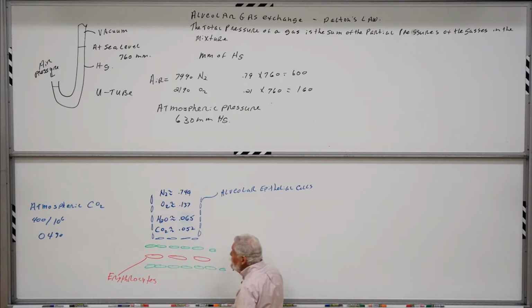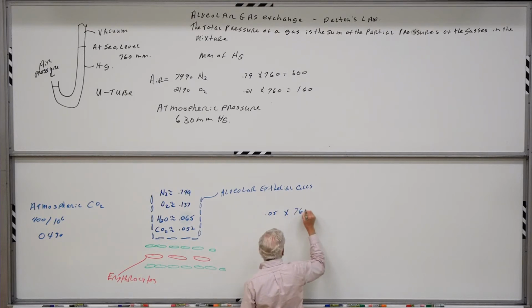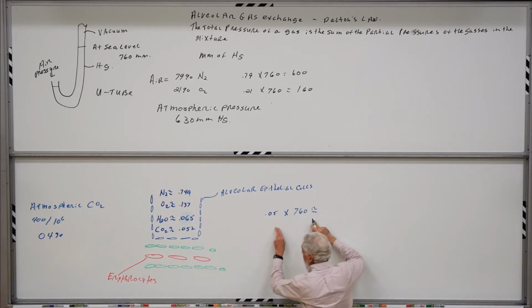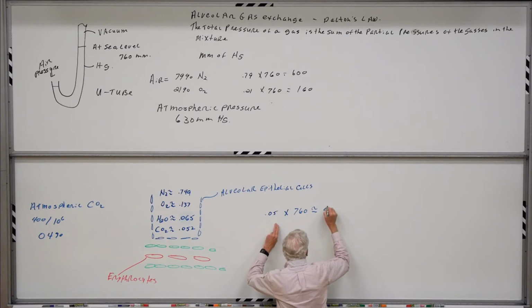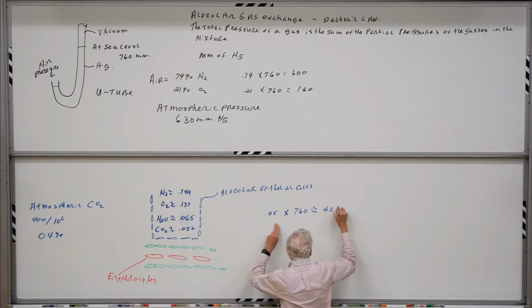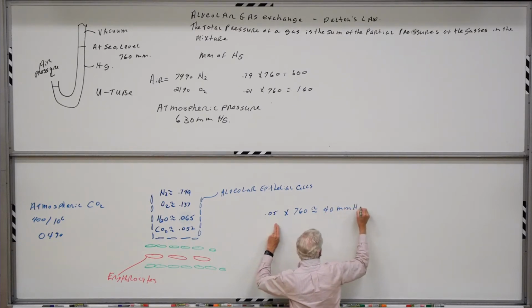Well, if you work your way through this, taking 0.052 at standard temperature and pressure, so you do 0.05 times 760, you come out with a number in the neighborhood of about 40 millimeters of mercury.